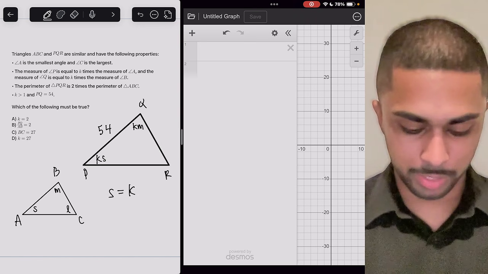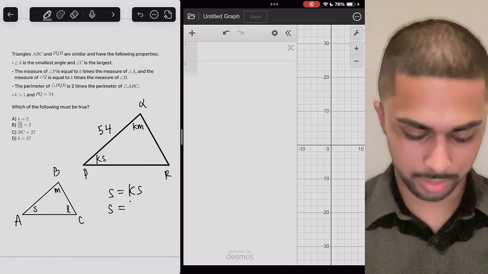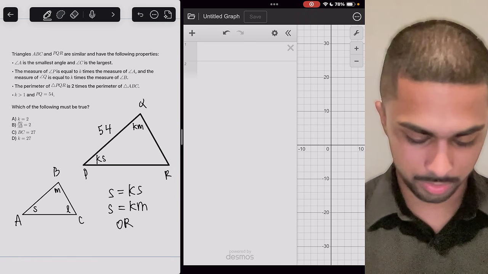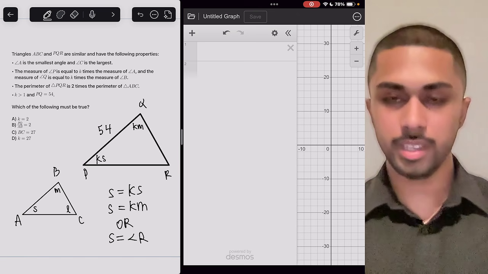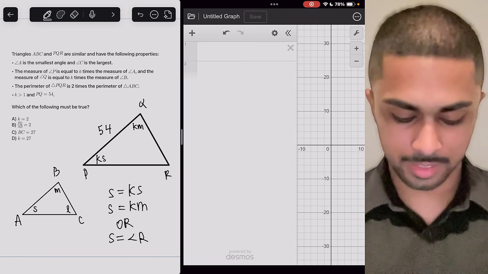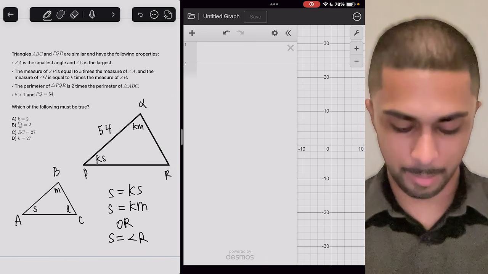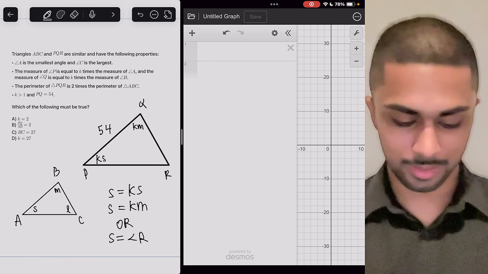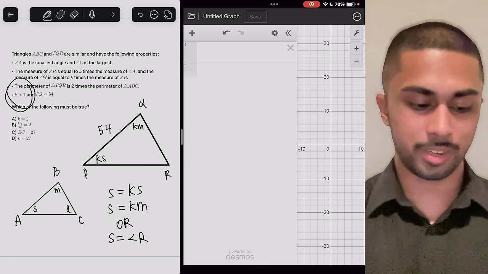So what we can do is set 3 conditions because we know one of them has to be true. Either S has to equal KS, S has to equal KM, or S has to equal angle R. Now here's the thing. K has to be something greater than 1.